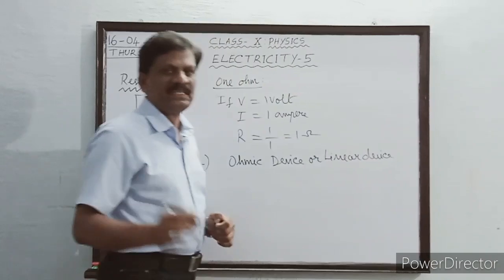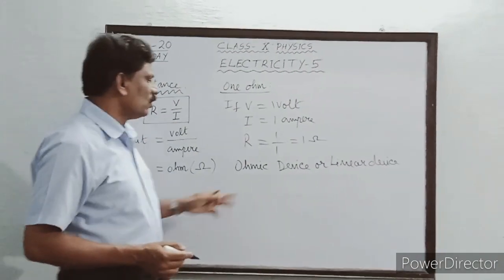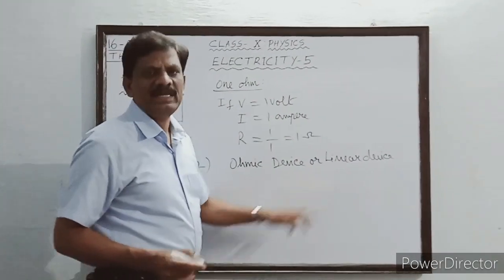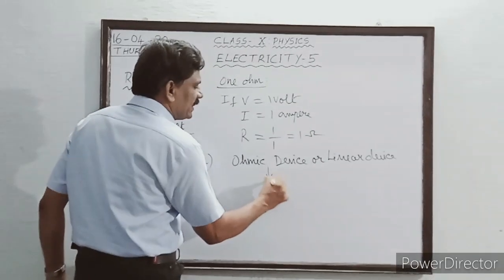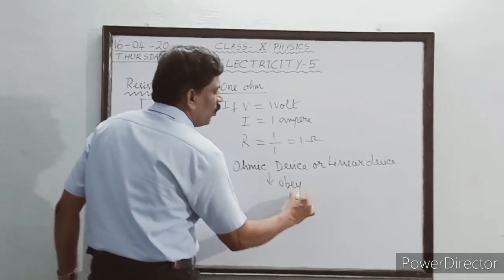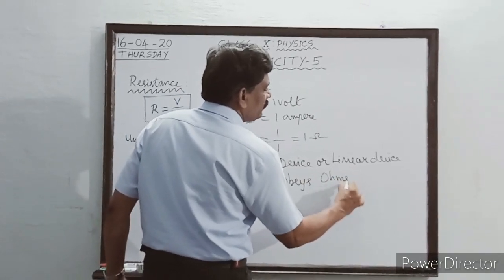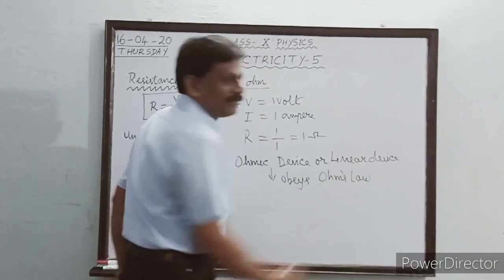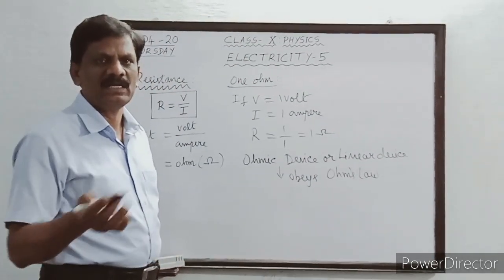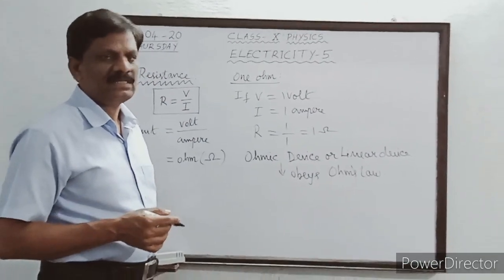This is a very simple definition you can learn now also. So such devices will obey Ohm's law. For example, a copper wire, ordinary conductors and all we can say.